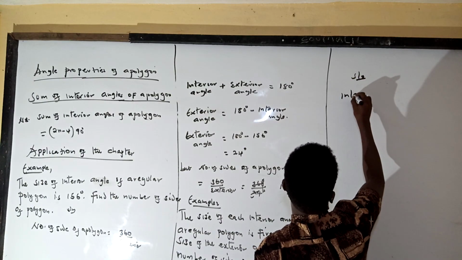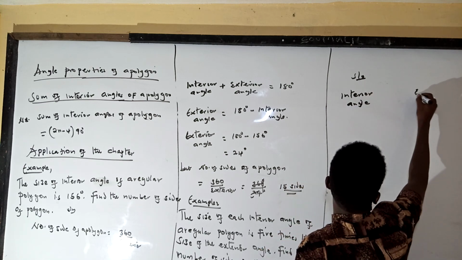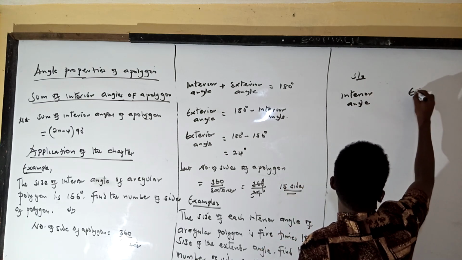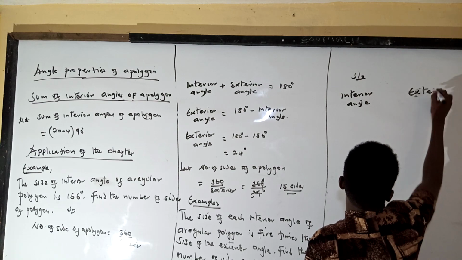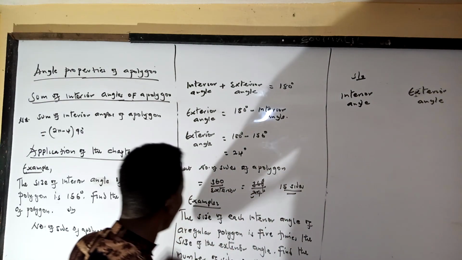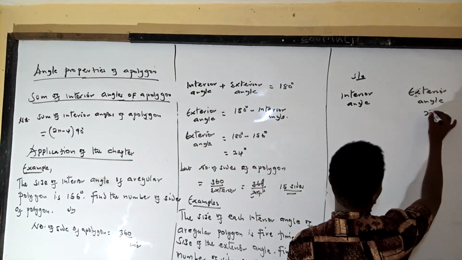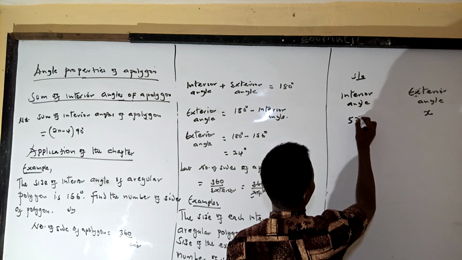Let's say this is the interior angle, and here we have the exterior angle. The size of each interior angle of a regular polygon is 5 times the exterior angle. Let the exterior angle be x. This will be 5x.